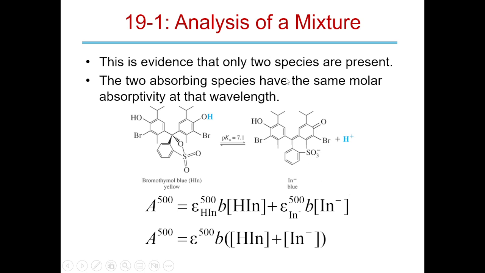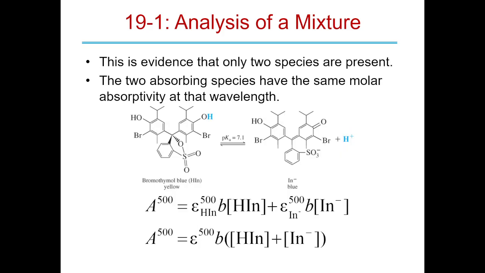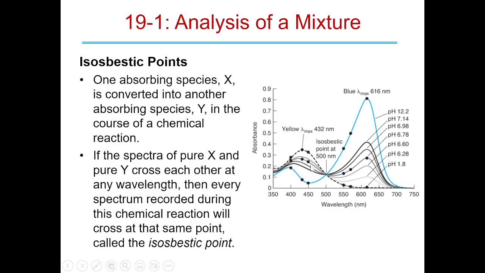So this is actually evidence that only two species are present. Because if you had more than two species, then you wouldn't have a singular point like this, right? The two absorbing species have the same molar absorptivity at that wavelength. So, this is what you get right here. At that wavelength, the absorbance at 500, which if you look closely, is 500 nanometers, right?